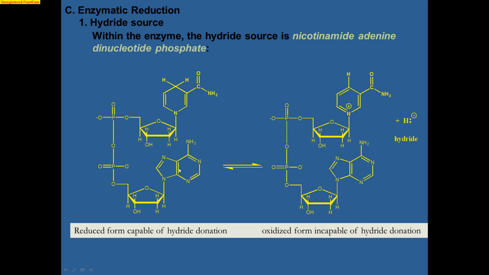And so if you compare these, and just think about what the difference is in NADH versus NAD plus, hopefully you'll see that the key aspects of it are right here.